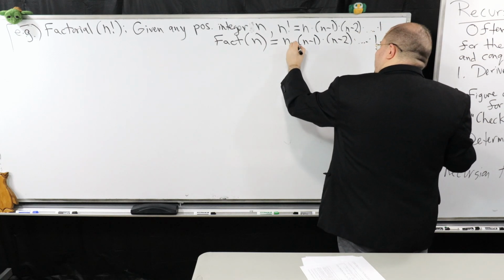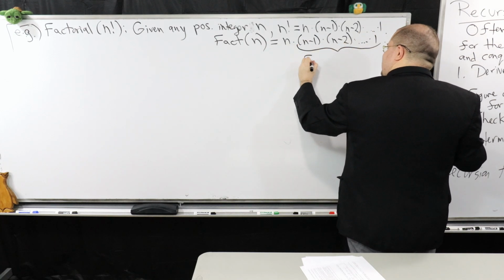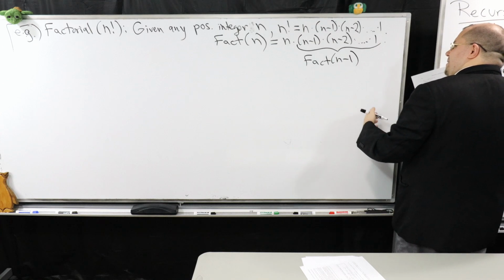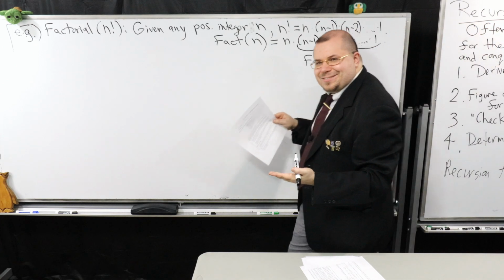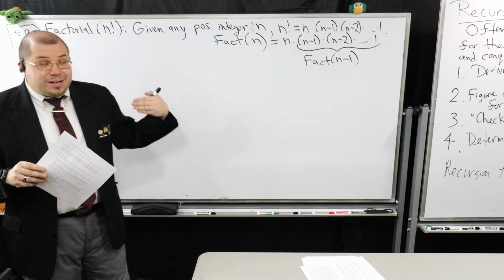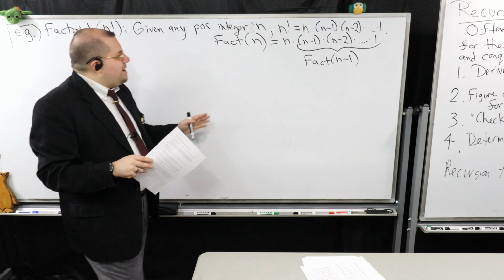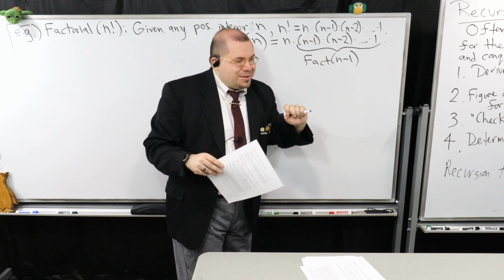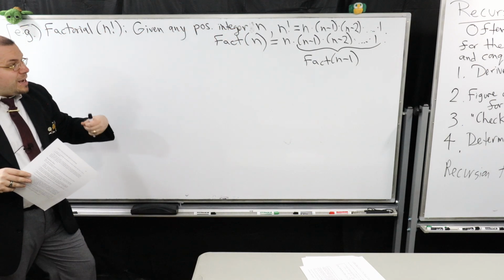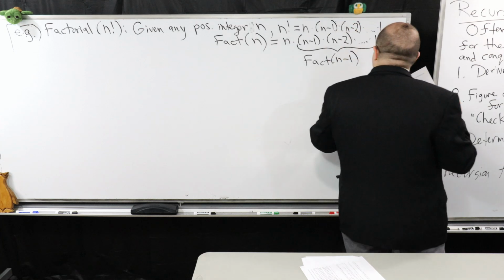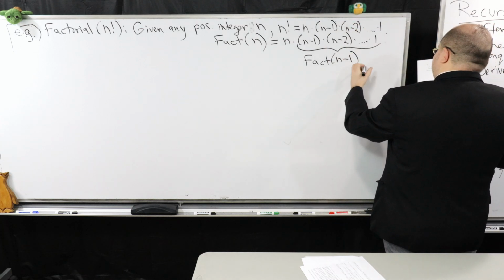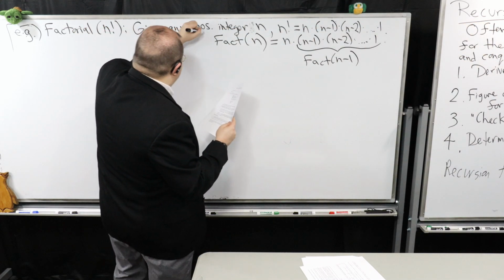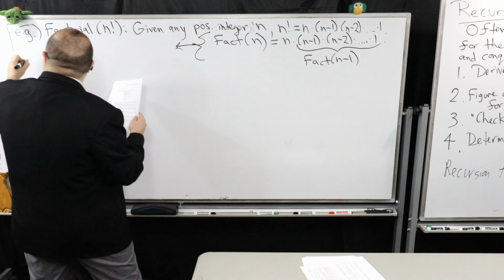But notice that all of this is just factorial of n minus 1, and I could keep going down this process. So all I have to do to compute factorial, if I think about it recursively, is take n times whatever factorial is when I reduce the input value by 1. Eventually I have to define what factorial of 1 is, so I'll have some base case. So just to put this all together in a nice bow, you can think of this recursively.